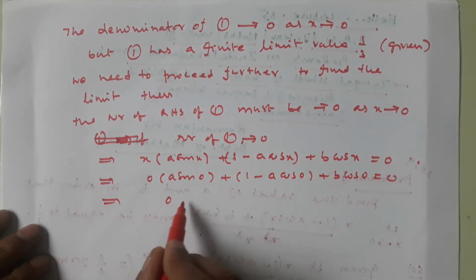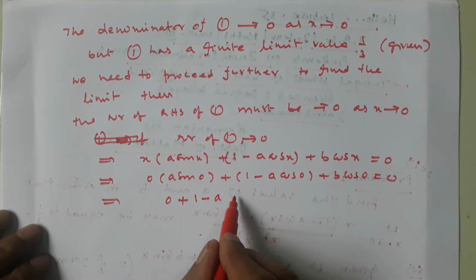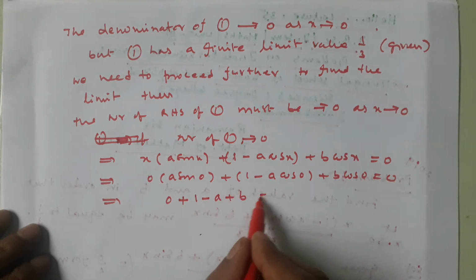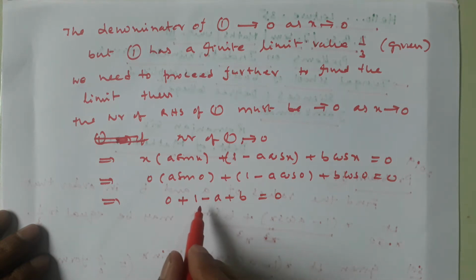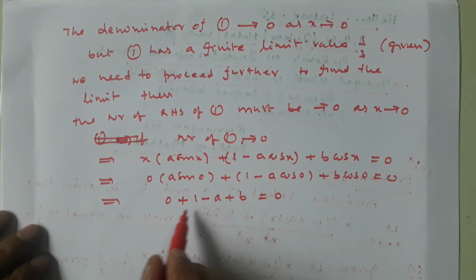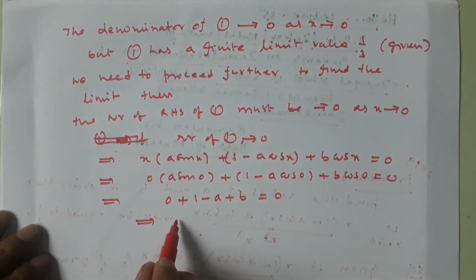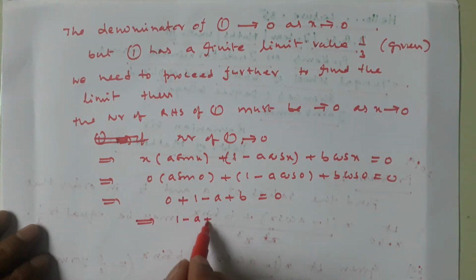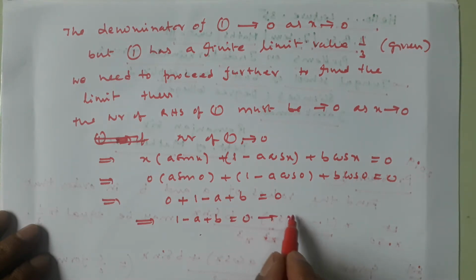This implies 0 plus 1 minus A plus B is equal to 0. This implies 1 minus A plus B is equal to 0. So take this as equation 2.